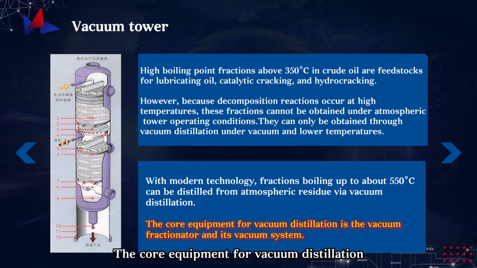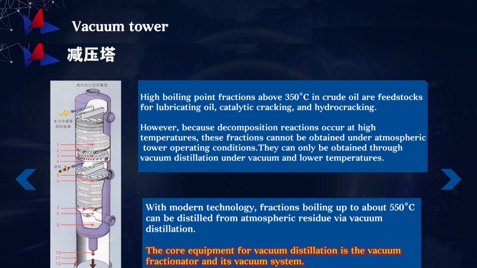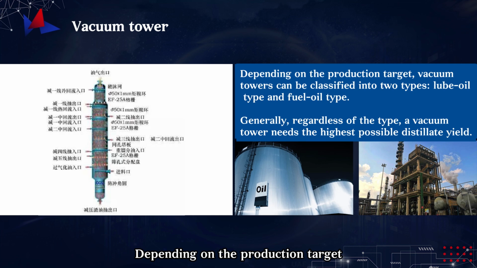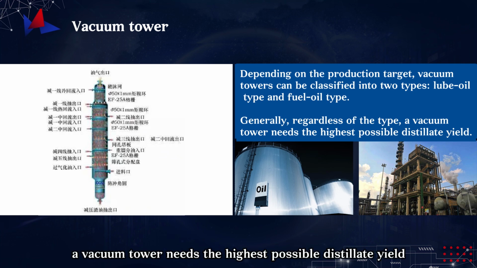The core equipment for vacuum distillation is the vacuum fractionator and its vacuum system. Depending on the production target, vacuum towers can be classified into two types: lube oil type and fuel oil type. Generally, regardless of the type, a vacuum tower needs the highest possible distillate yield.